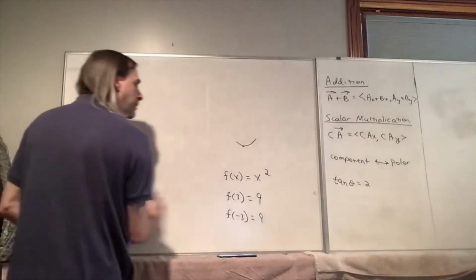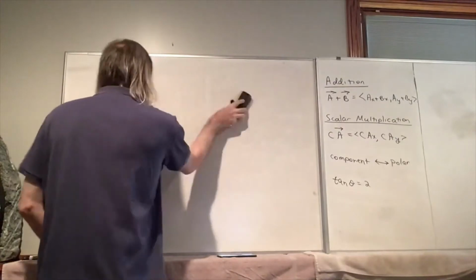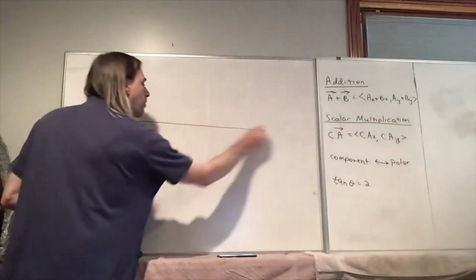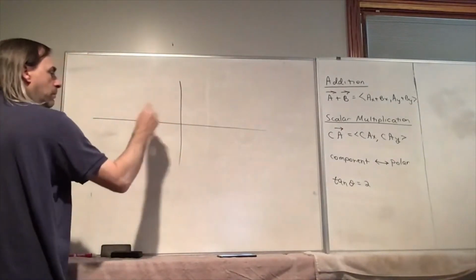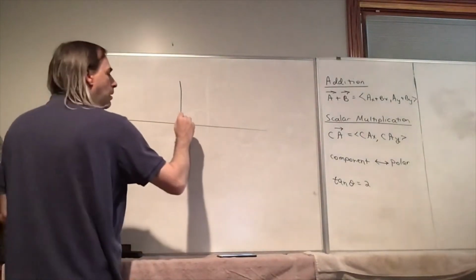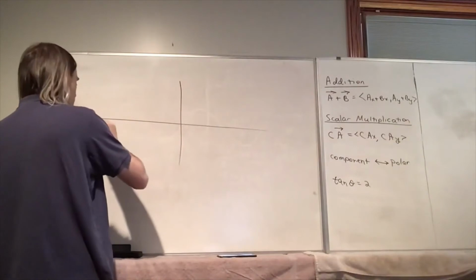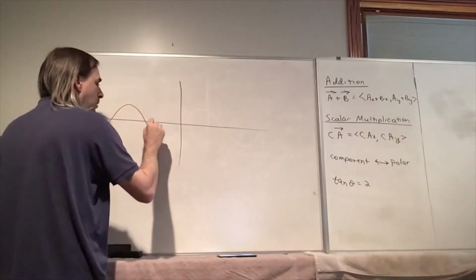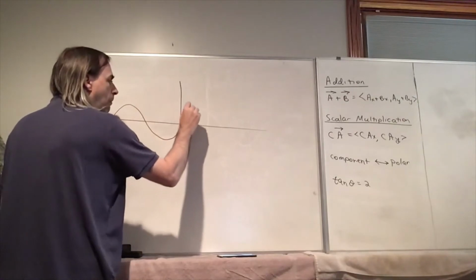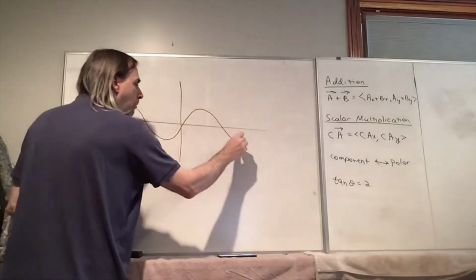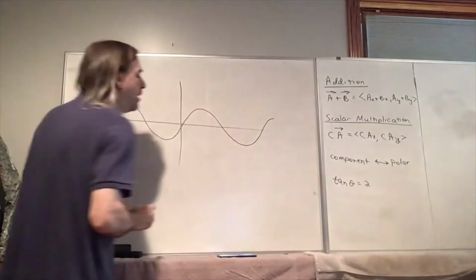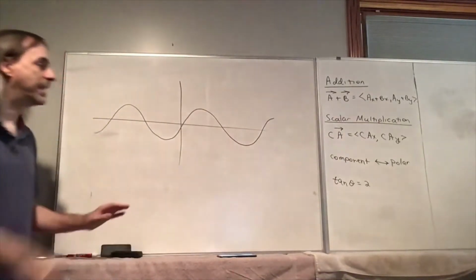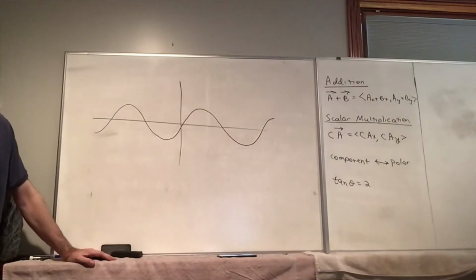I'm going to redraw the sine function again. I'll try to just retrace. Okay, so here's our sine function, and this fails the horizontal line test very badly.